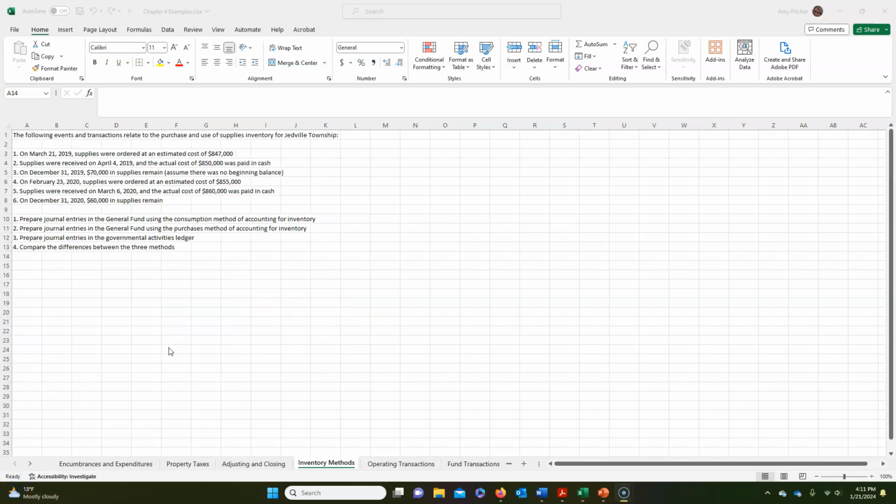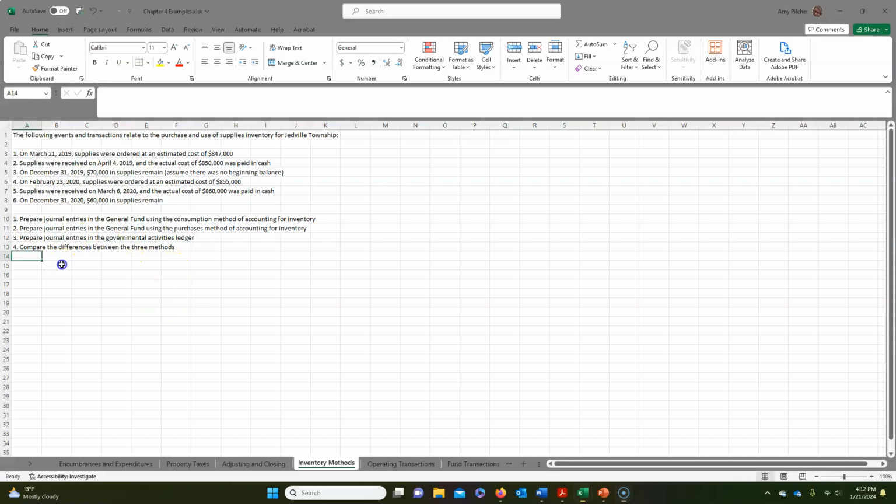This example, we're going to look at the different methods of recording supplies transactions based on either the consumption method or the purchases method of accounting for inventory. So first we have in our general fund, so I'm going to put consumption method, general fund, and we're going to have our debit and our credit.